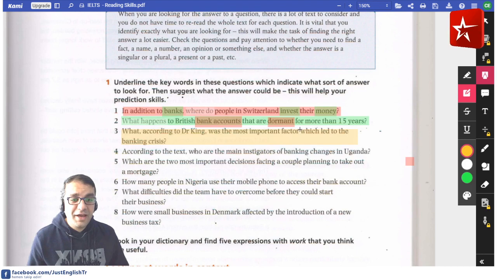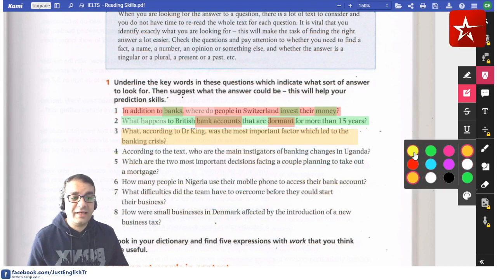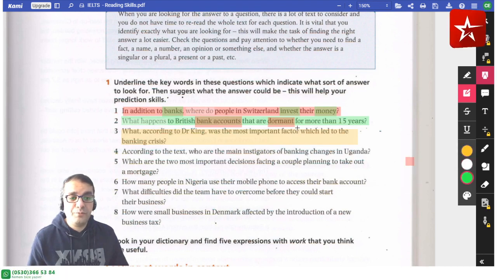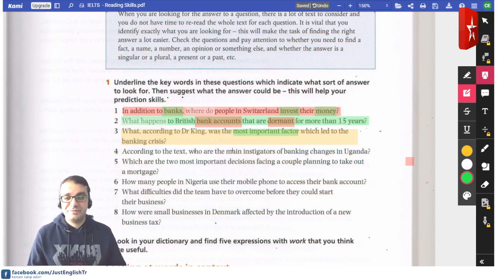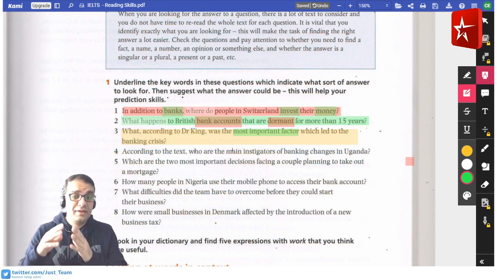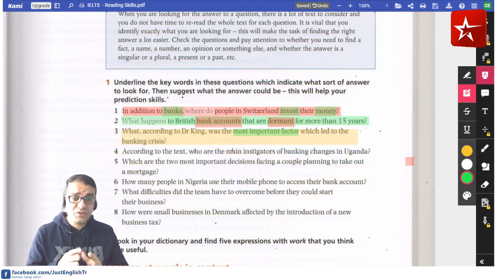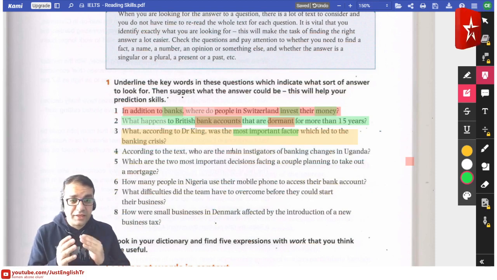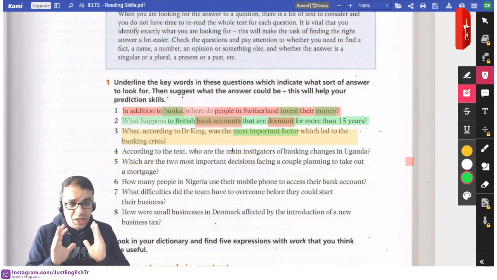Here the answer is exactly the most important factor. The word factor itself is not repeated; it's only one, because everything else relates to money or crisis or some details. Here the word factor is actually the keyword. That's how I want you to think.